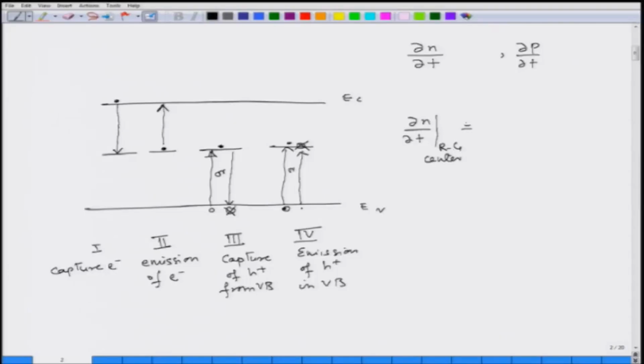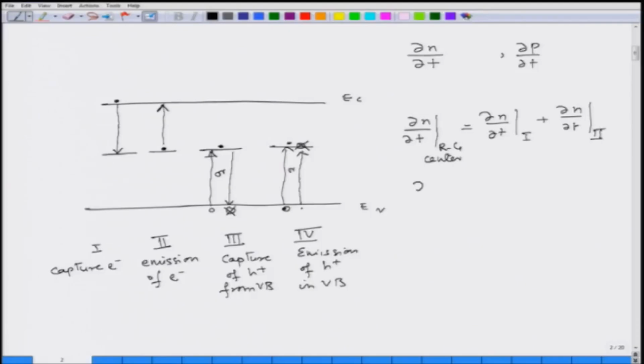The change in the electron concentration is going to be del n del t, change due to the capture process, first process, plus the change due to the emission process, that is the second process.